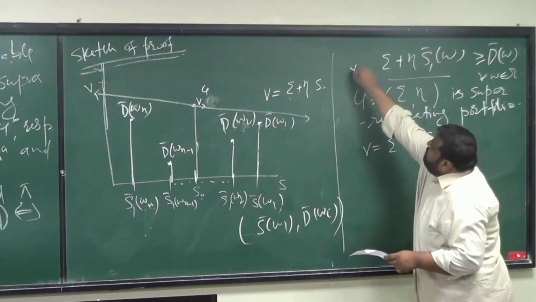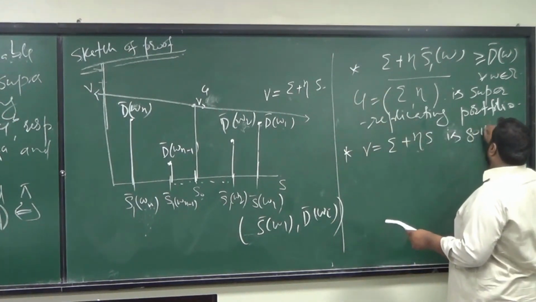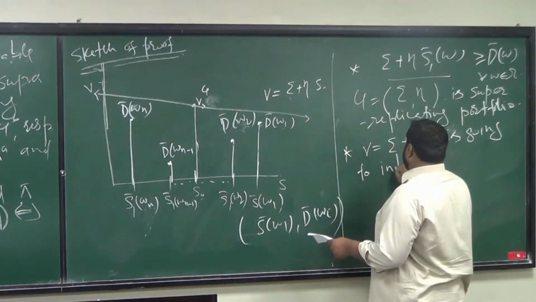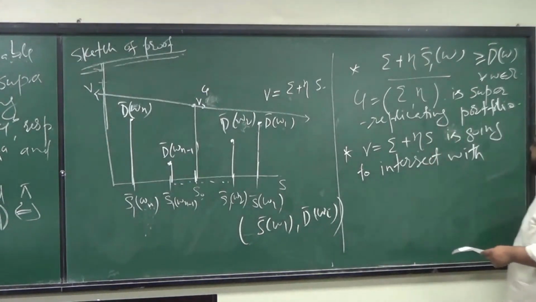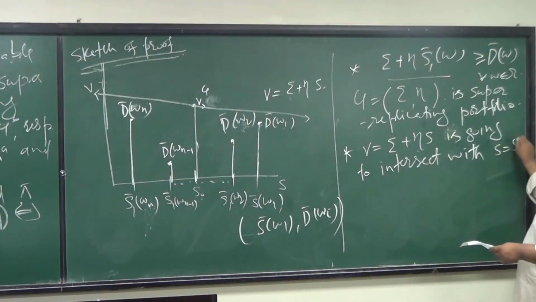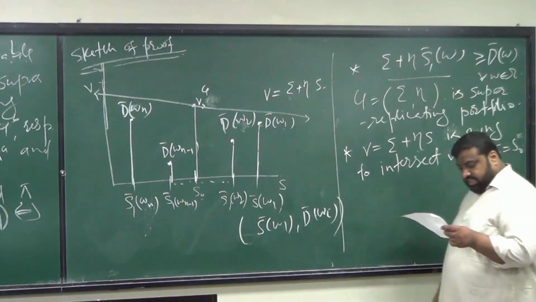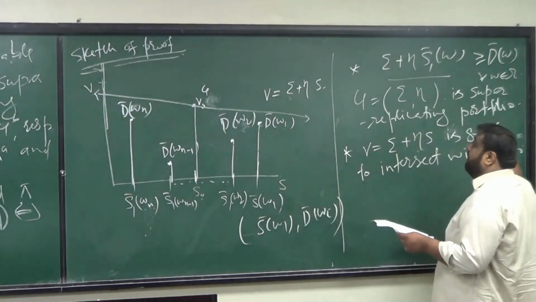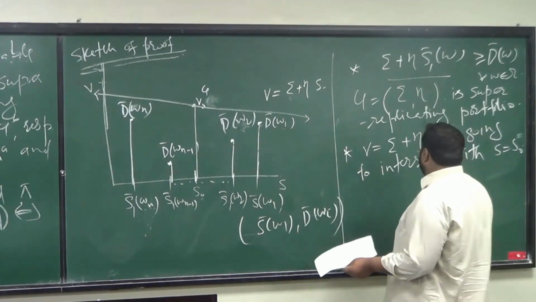So that's one point. The other point is that this line V is going to intersect with S equal to S naught. Okay? And when it is going to hit S equal to S naught, at that point what we are going to have?